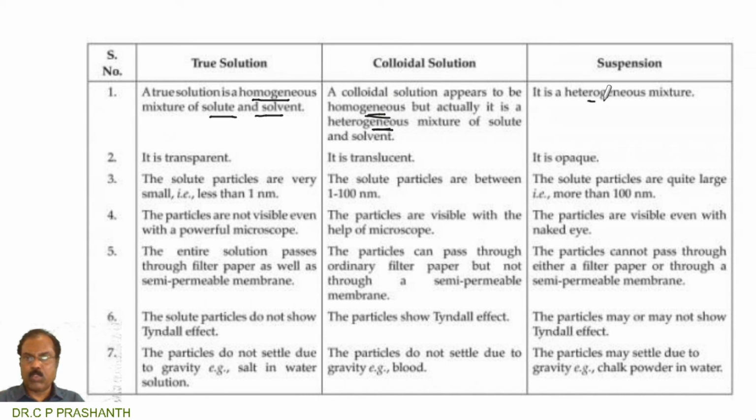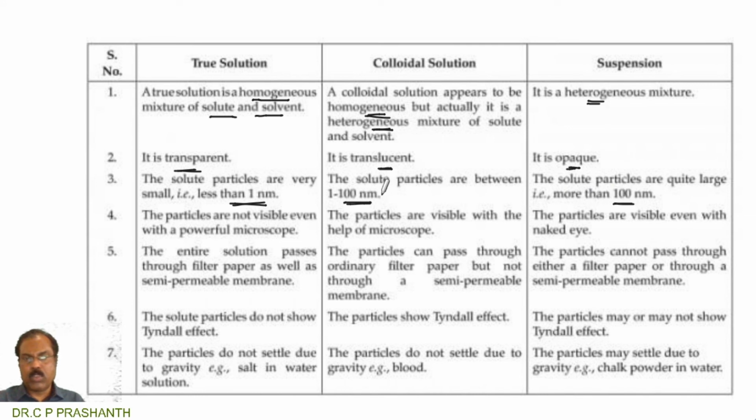Suspension is very easy to understand, it is heterogeneous. True solution is transparent, this is translucent, and this is opaque. Suspension is opaque. Now let us see the particle size. True solutions less than 1 nanometer. Here it is 1 to 100 nanometers, and in the case of suspensions it is more than 100 nanometers.